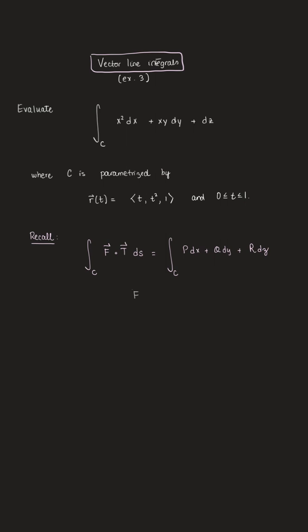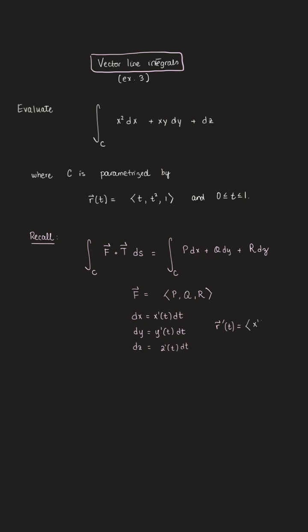Here, our vector field f is p, q, and r, and dx is x prime of t dt, dy is y prime of t dt, dz is z prime of t dt, and x prime, y prime, and z prime all come from the derivative of our vector function that parametrizes the curve.